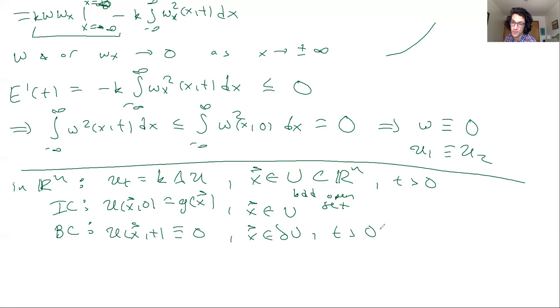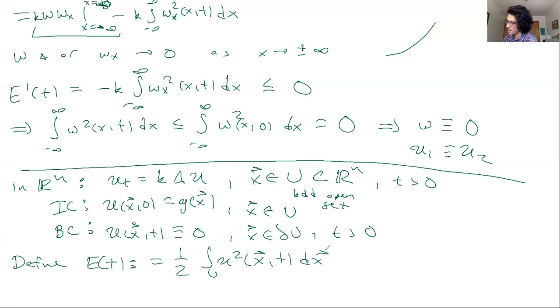There's other ways to prove uniqueness, but we're focusing on energy arguments for now. Let's again define an energy, and I'll take that to be a half the integral of u squared over my domain, just like the one that I had in 1D.